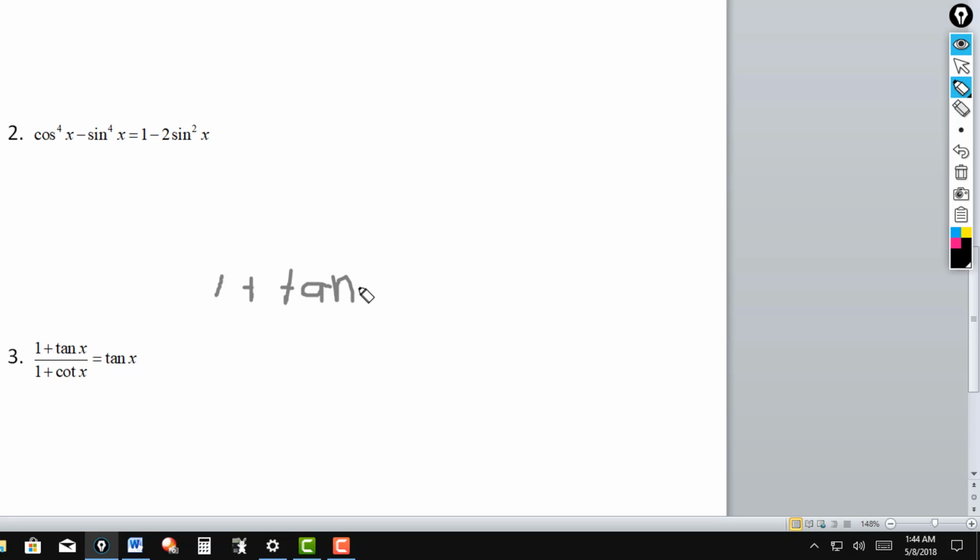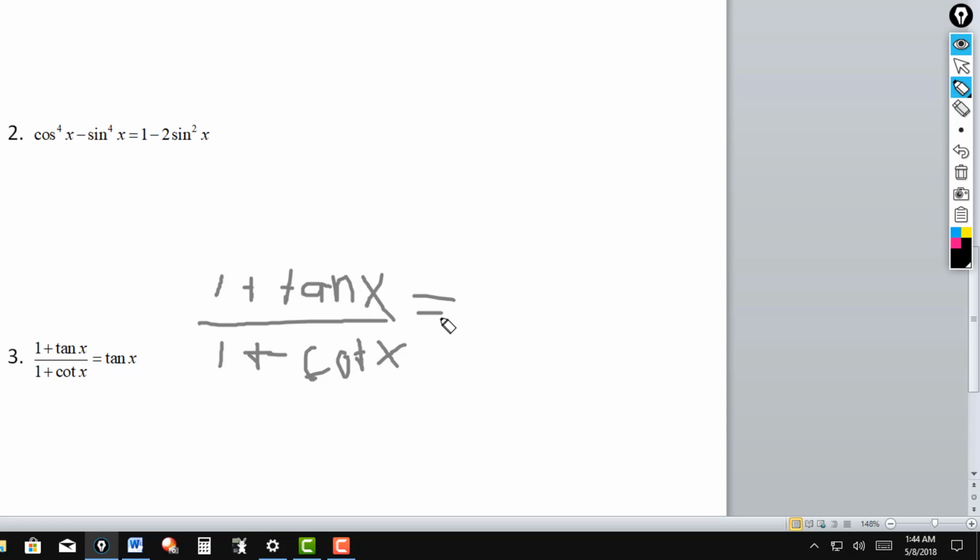You write down the side you're starting with: 1 plus tangent x over 1 plus cotangent x. And we're trying to show that this is the same thing as tangent x.